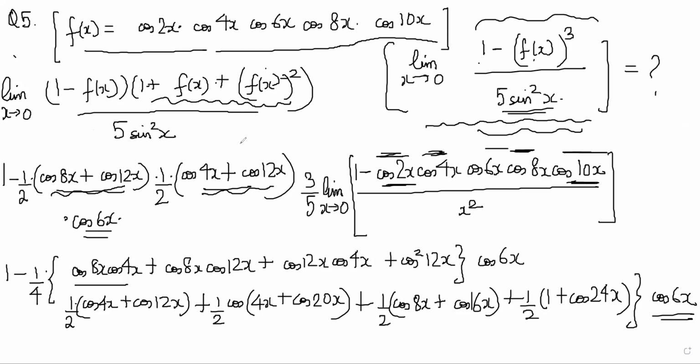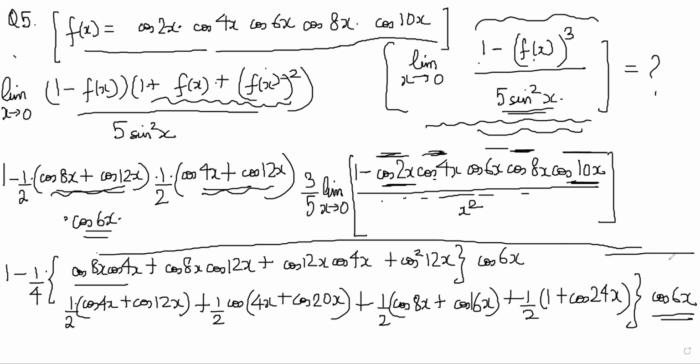Even with L'Hopital's you'll have to differentiate a product of 5 things. Right now what I'm doing is also super long. As far as I know, there is no short way to do it, but let me think.